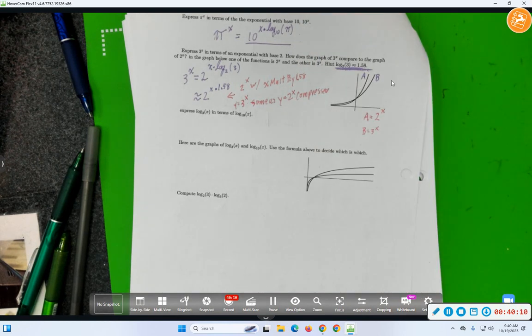So you should start with y equals 2 to the x and then compress horizontally. So 3 to the x should be the one that's squeezed in closer to the y-axis. Which one of those is squeezed in closer to the y-axis? A. So A should be 3 to the x.